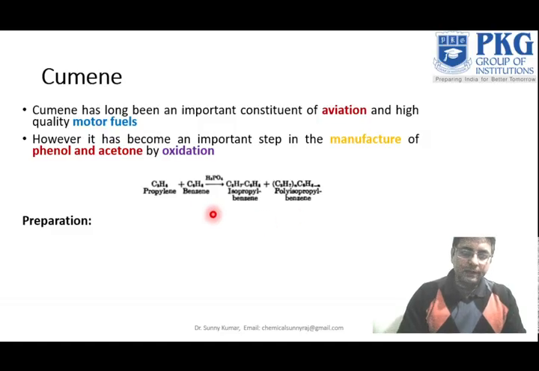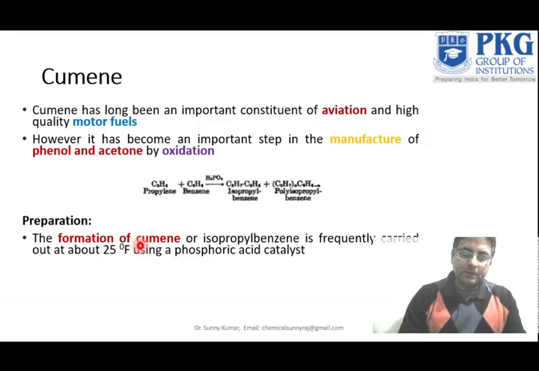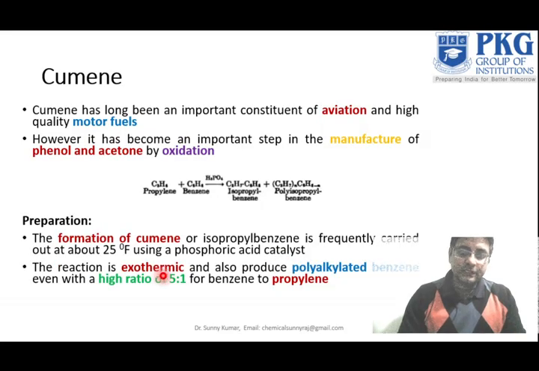How is this prepared? The preparation of cumene, or isopropyl benzene, is frequently carried out at about 250°F using a phosphoric acid catalyst. The reaction is exothermic and also produces polyalkylated benzene even with a high ratio of 5:1 for benzene to propylene.